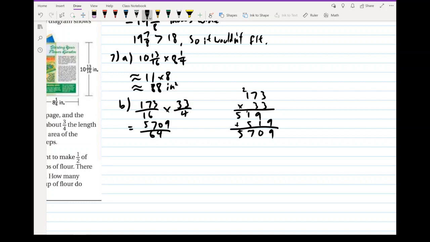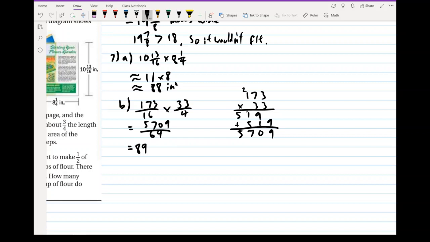So we have here, after simplifying, that becomes 88, in fact. 64 goes into that 80 times. So 5709 minus 5632, we have a remainder of 77 over 64. Oh, it goes into one more time. Sorry. So it should be 89 inches.